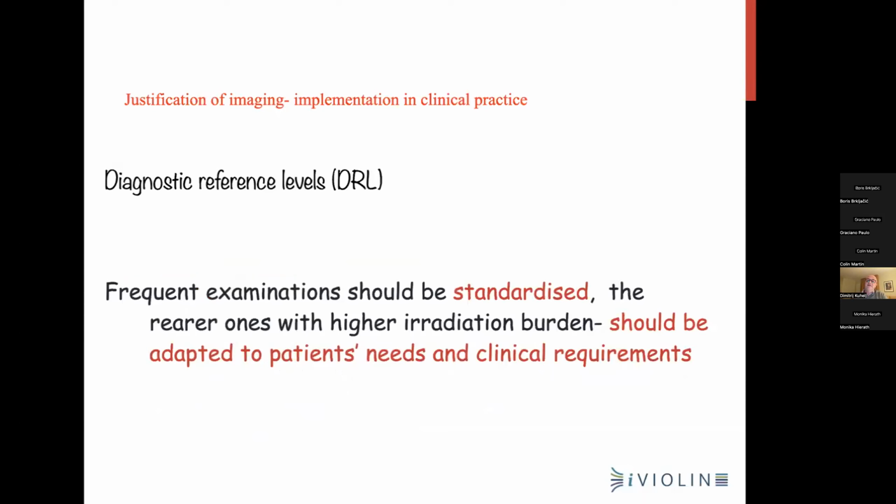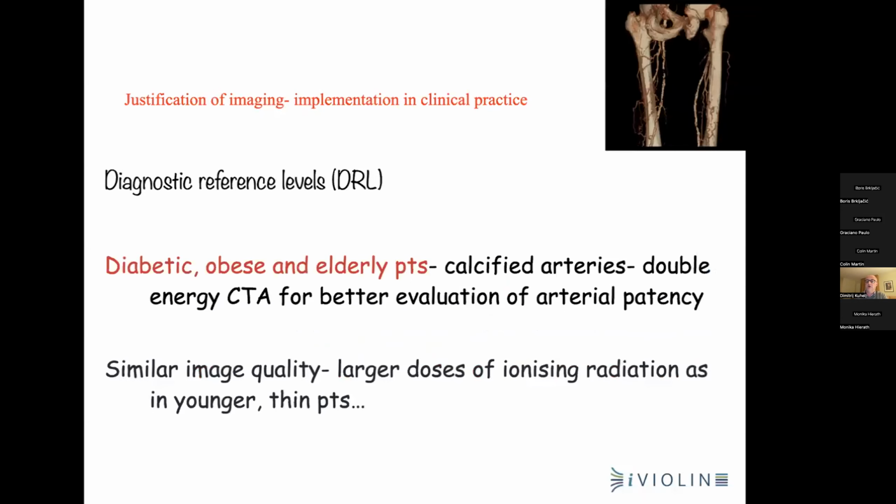Diagnostic reference levels are made to standardize especially frequent examinations. However, the rarer ones and those with high irradiation burden should be adapted to patient needs and clinical requirements. In diabetic and obese and elderly patients, if we are doing CTA for peripheral arteries, they have calcified arteries many times.